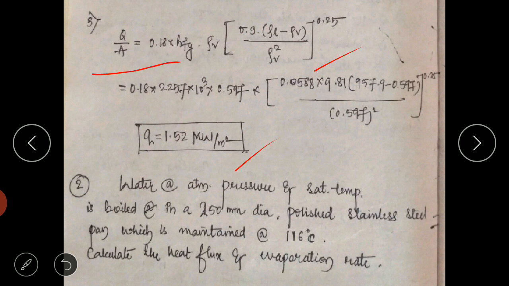But in the problem, it is asked for the critical heat flux, and that value is calculated. One more thing: the value of q by A is always smaller than q by A for the critical heat flux. There is a similar problem, problem number 2. Please try to solve it on your own. Okay, thank you.